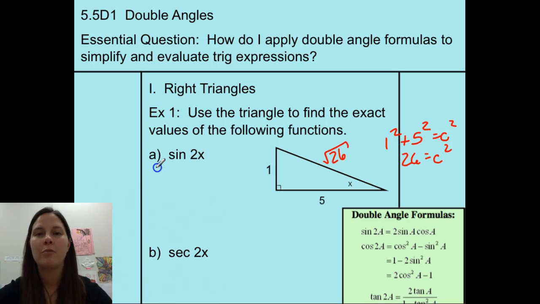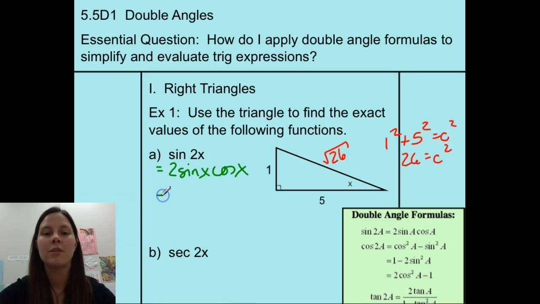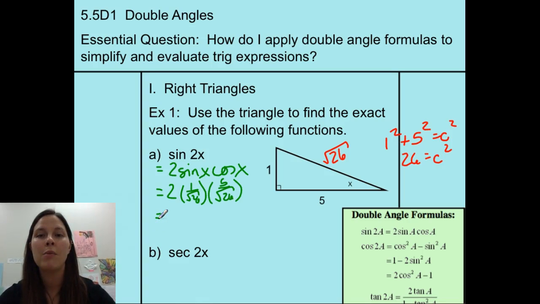Starting off with the formula for sine of 2x, that equals 2 times the sine of x times the cosine of x. Using SOHCAHTOA to substitute those values, we have 2 times opposite over hypotenuse times adjacent over hypotenuse. You do not need to rationalize on these until the very end, because as we're multiplying, those radicals could end up canceling.